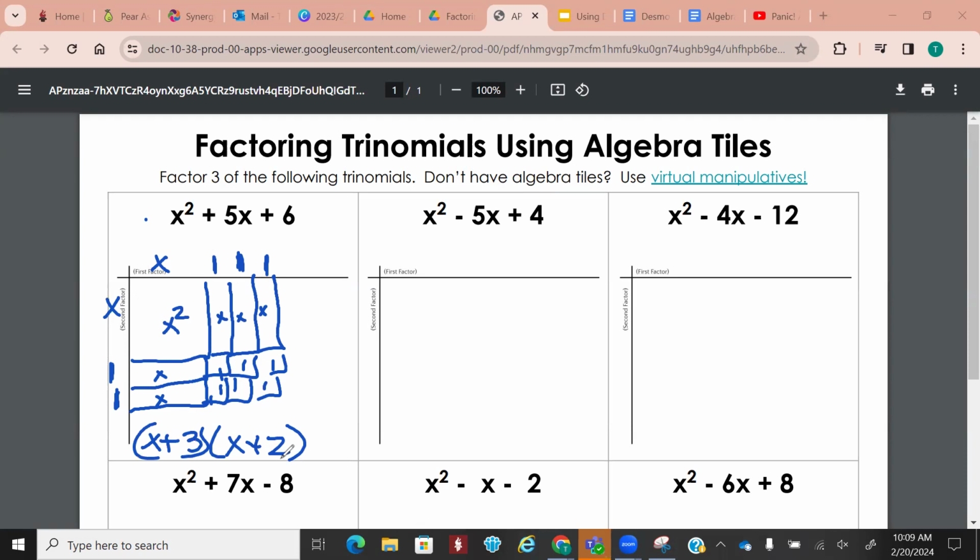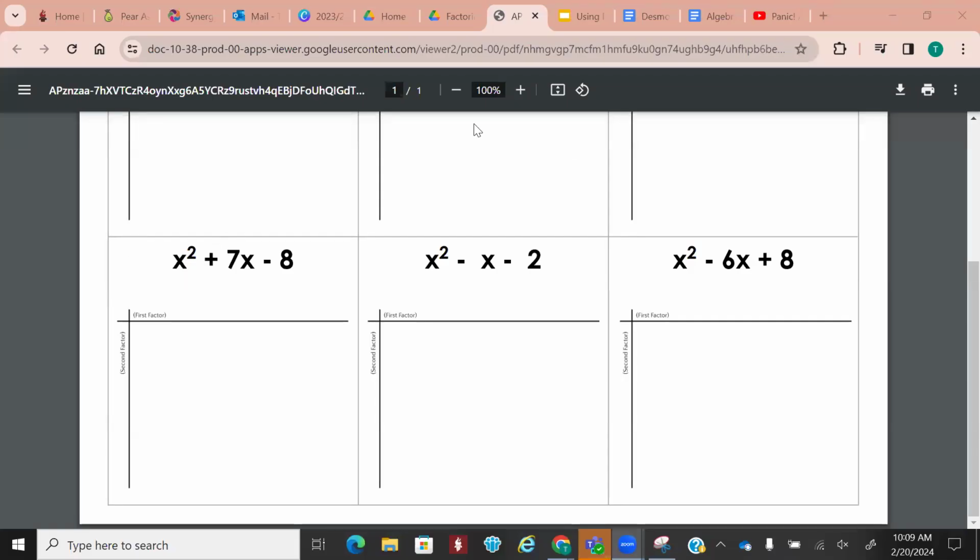Okay. I know that's a little tricky. We're going to jump down to this next one down here. Okay, so on this one, we've got an x squared, and then we have 7x.